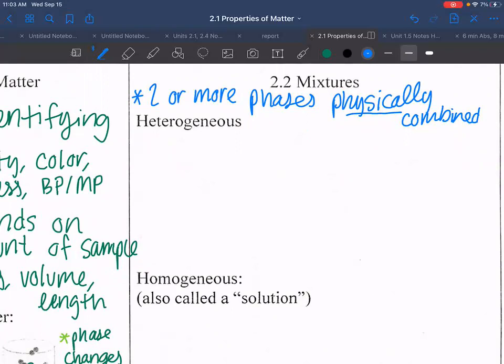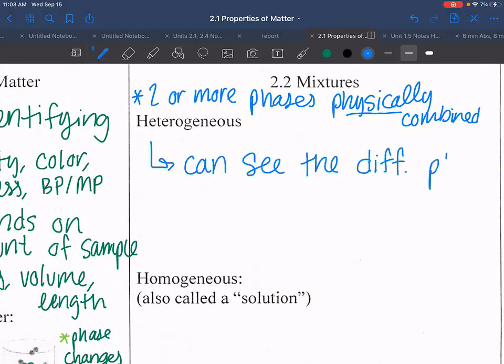And I think food is the best way to think about these differences. So just generally, heterogeneous, we're going to say, yeah, you can see the different phases. So what are some examples? It doesn't have to be food, but where we can see the different phases.